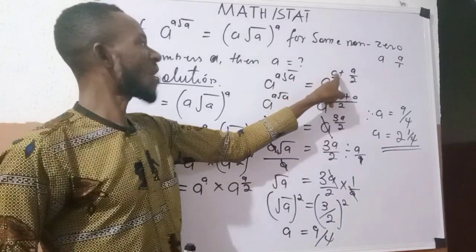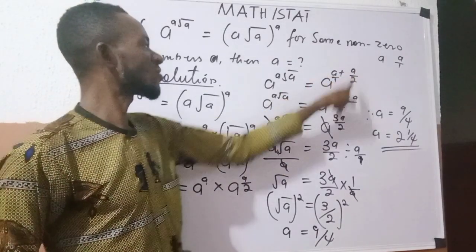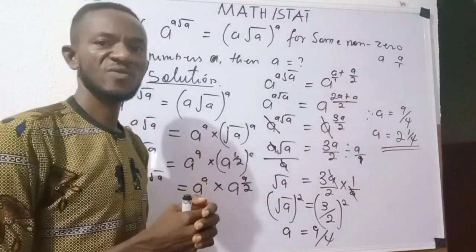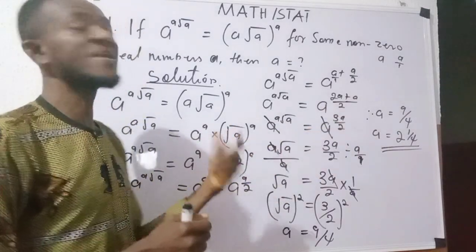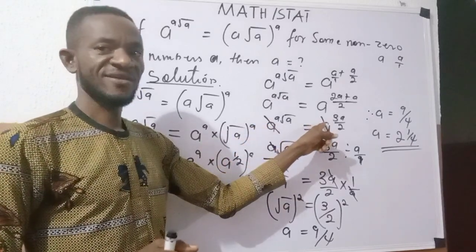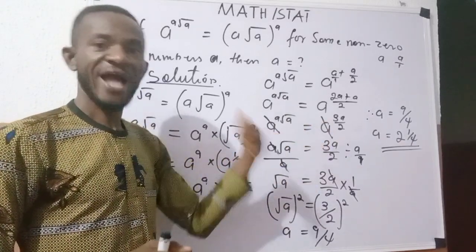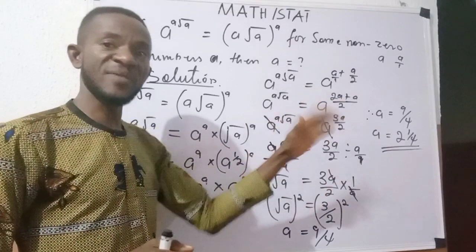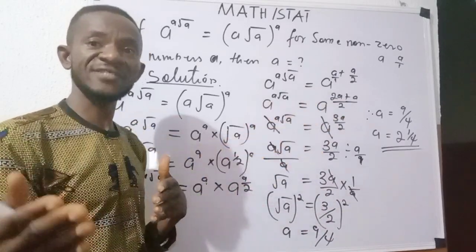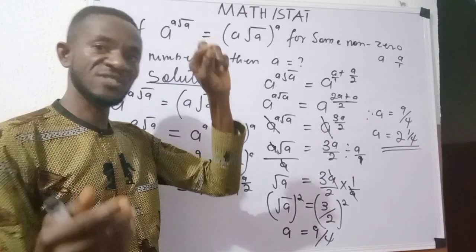Adding A over 1 plus A over 2 brought us to 3A over 2. At this point we realize that we have A here and A here, and the bases are the same. In indices, once the bases are the same, we cancel off the bases at the left and right hand side of the equation and equate the powers.